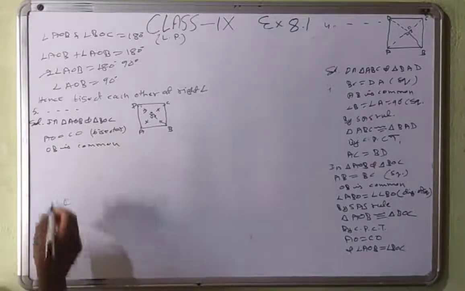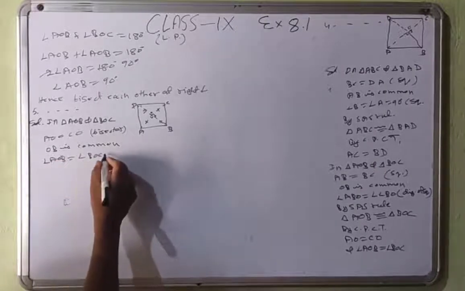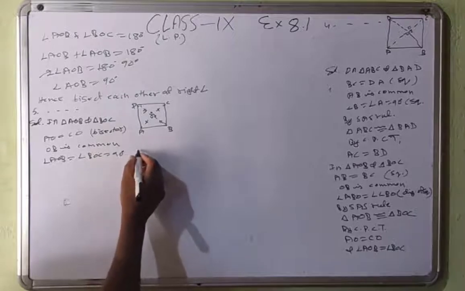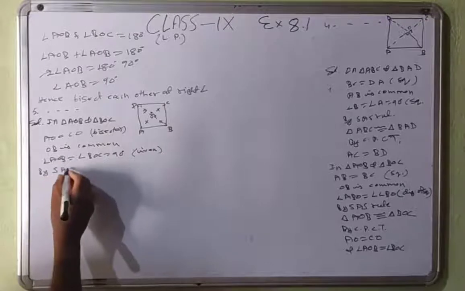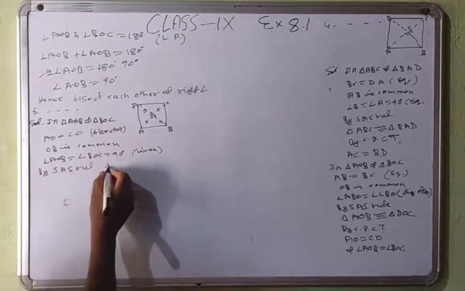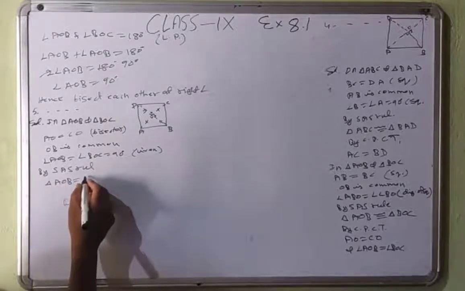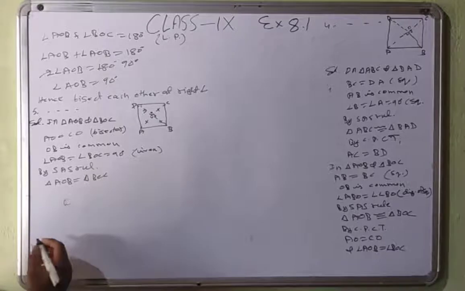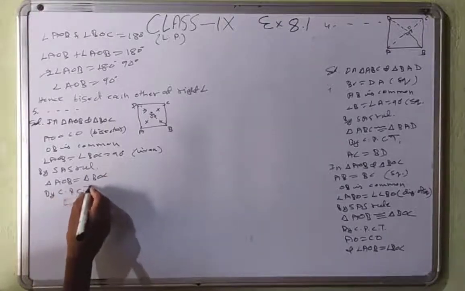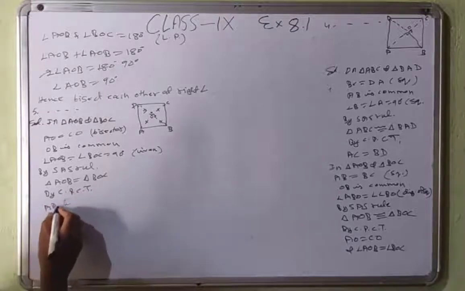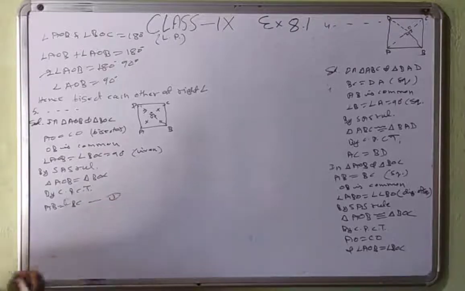And angle AOB is equal to angle BOC is equal to 90 degree, that's given. By SAS rule, triangle AOB is congruent to triangle BOC. So by CPCT, AB is equal to BC, that's the first equation.